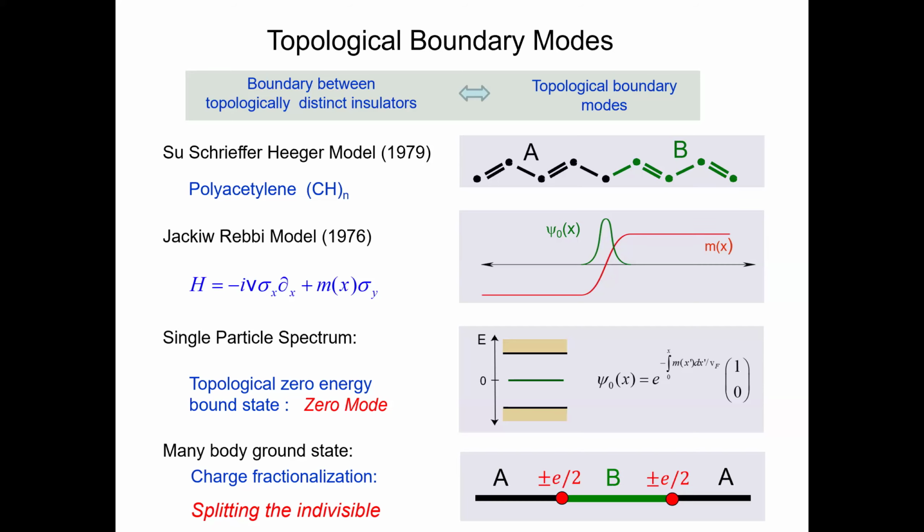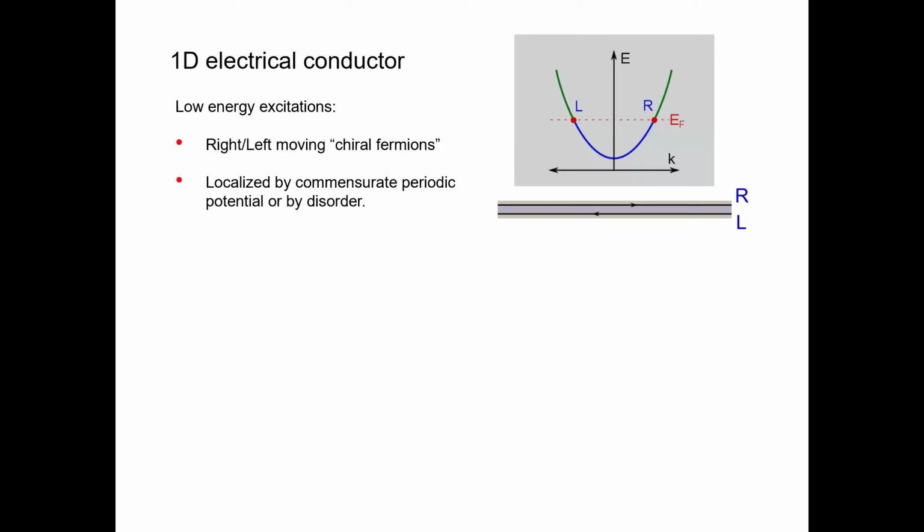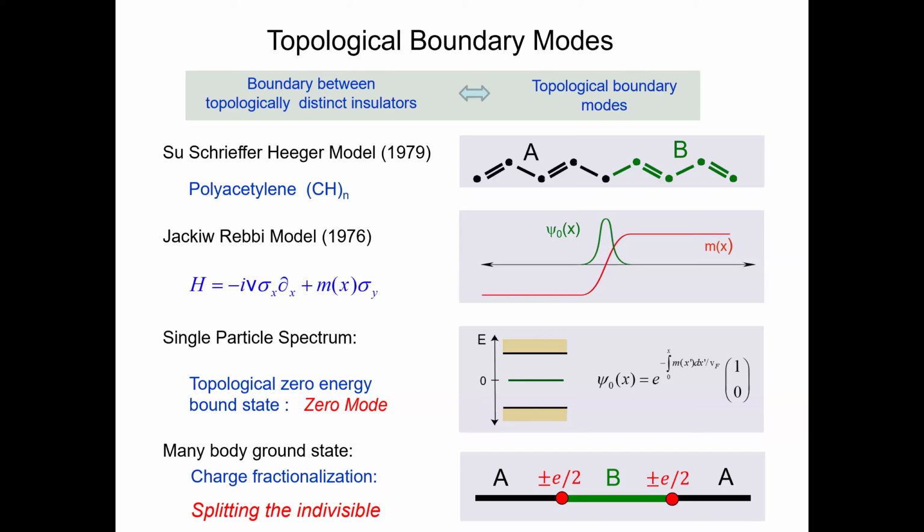For the students in the audience, there is a very nice calculation you can do if you haven't done it before, which is to show that if you have a Hamiltonian like this with a mass that changes sign, no matter what the shape of this mass as a function, no matter what the shape of this curve is, there will be an exact zero energy eigenstate that looks like this.